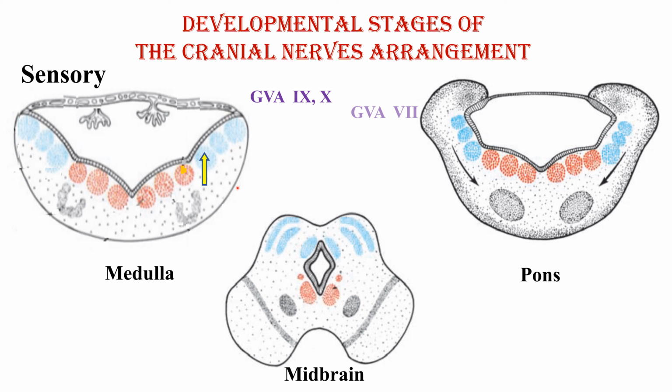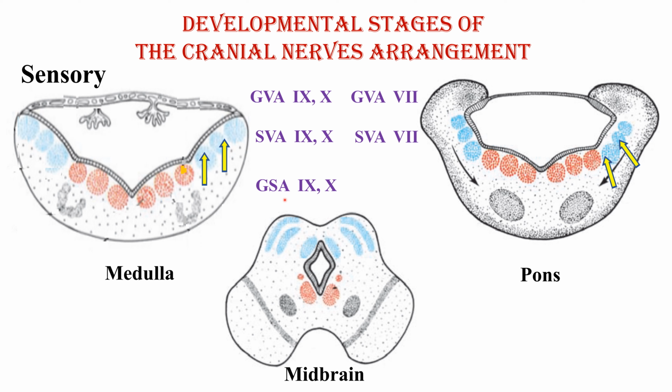The general visceral afferent of the 7th are present in the pons, while the special visceral afferent fibers for the 9th and the 10th are found in the medulla. Those of the facial are found in the pons.